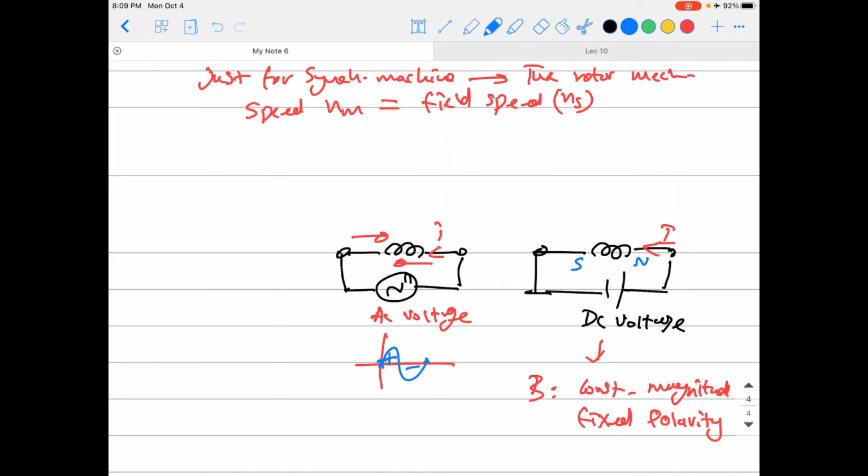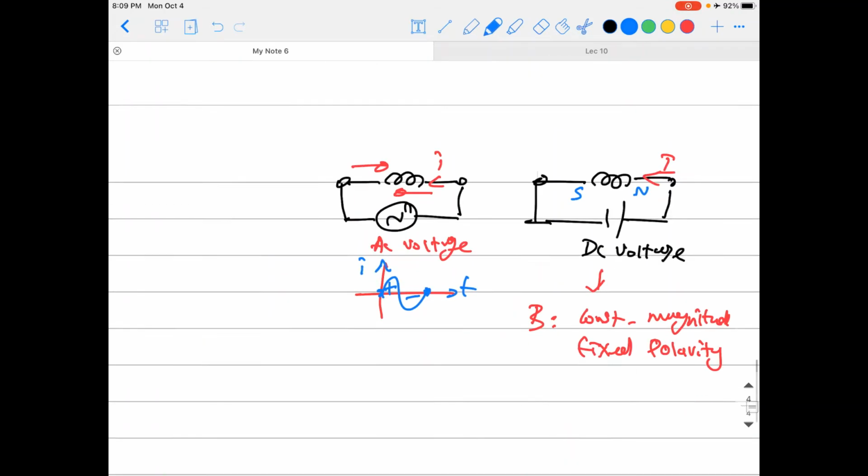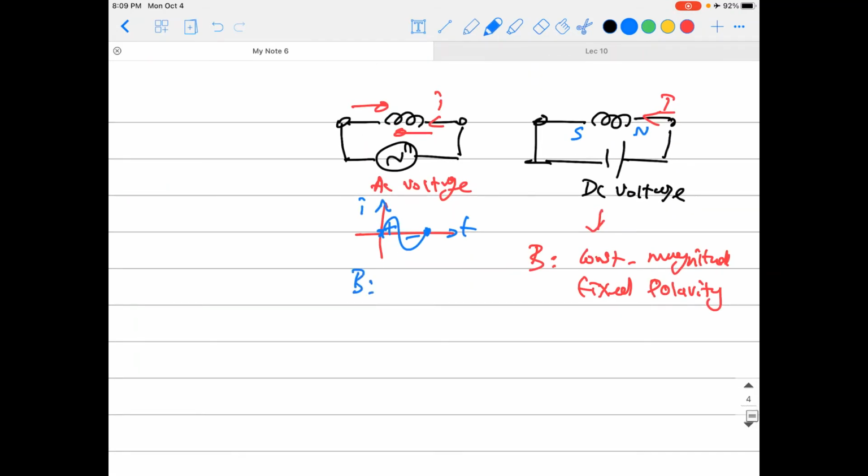Sometimes it's positive, sometimes it's negative, and it will also change magnitude. So B, the magnetic flux density, will be varying in magnitude and also varying in polarity. That's why we call it a pulsating field.